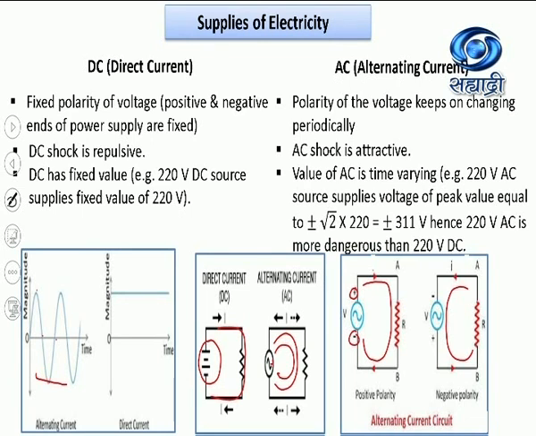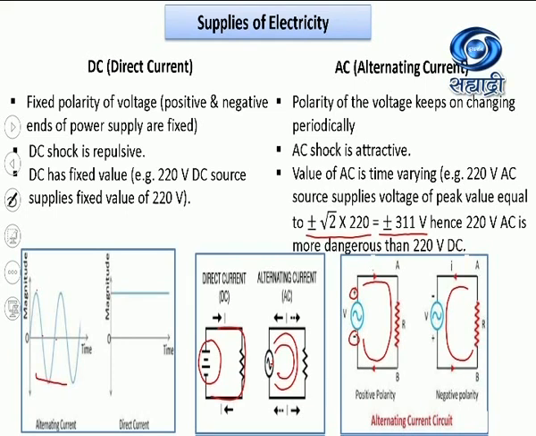For example, if you have a 220 volt AC source, then the peak supply voltage is √2 times 220 volt. So that's why the peak value of the voltage goes to 311.